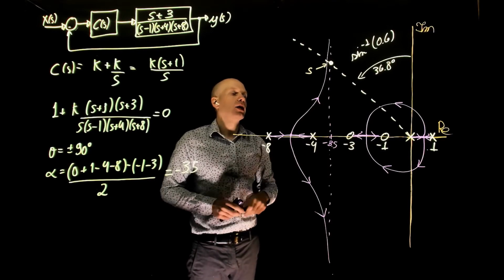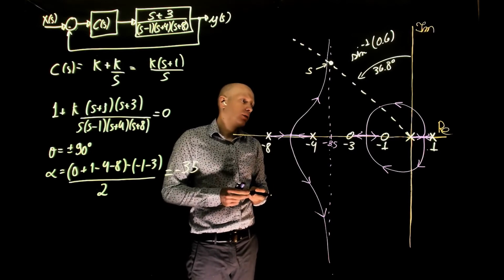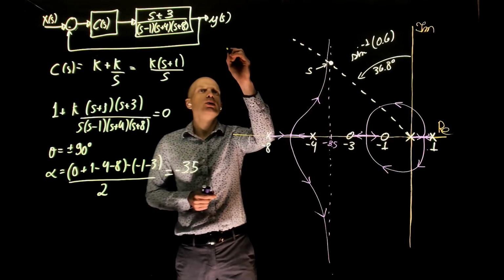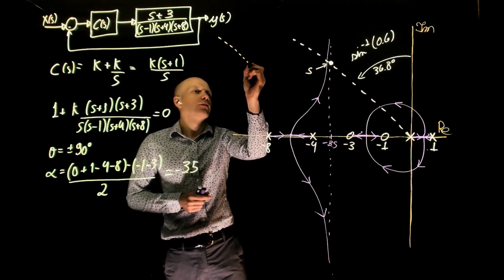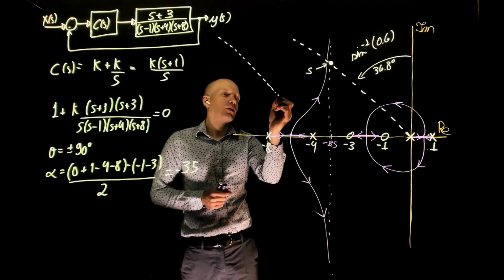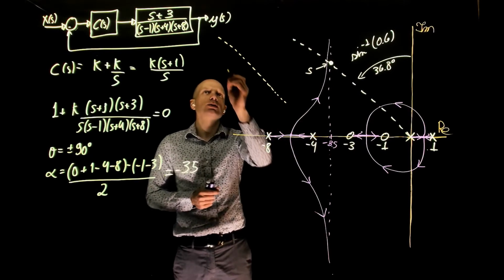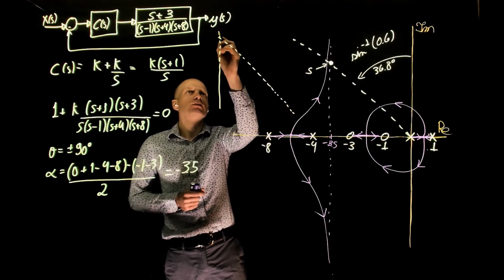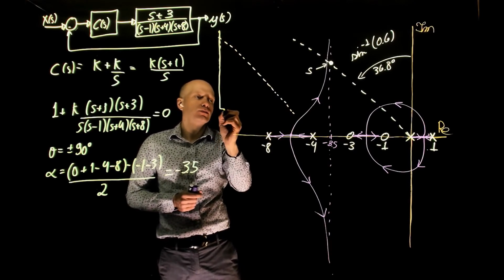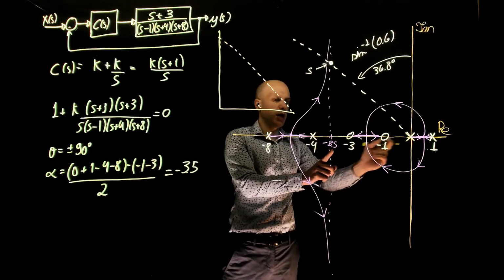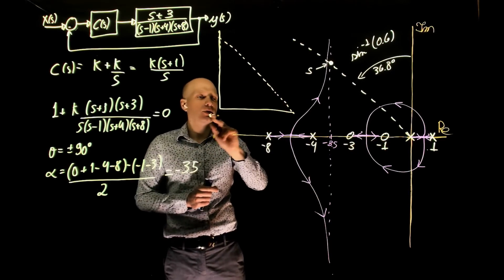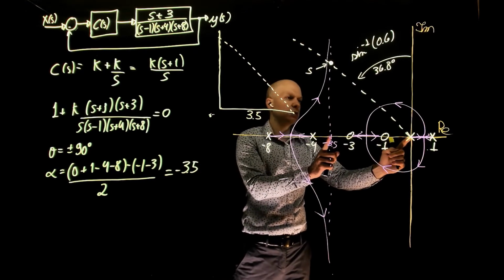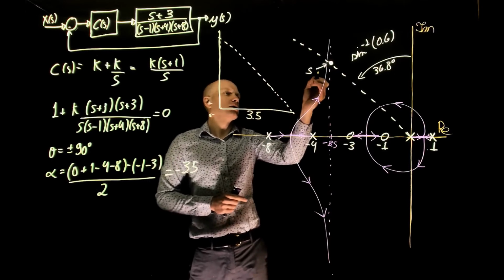Now let's find the value of s there. To find the value of s, let's take this part of the root locus and redraw it here. So we have the constant line of damping ratio, and you have the asymptote coming down. The asymptote is located at negative 3.5, so this size here is 3.5. This height is this height here.